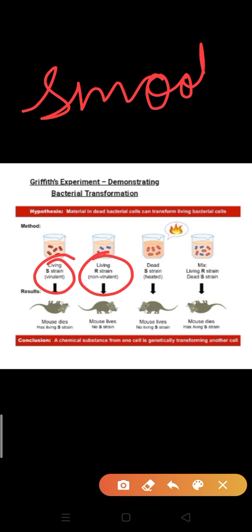You can observe this in the picture also: S strain, R strain. Firstly, I will tell you the meaning of S strain and R strain. According to Griffith's experiment, he used two forms of Streptococcus pneumoniae: a smooth type and a rough type.